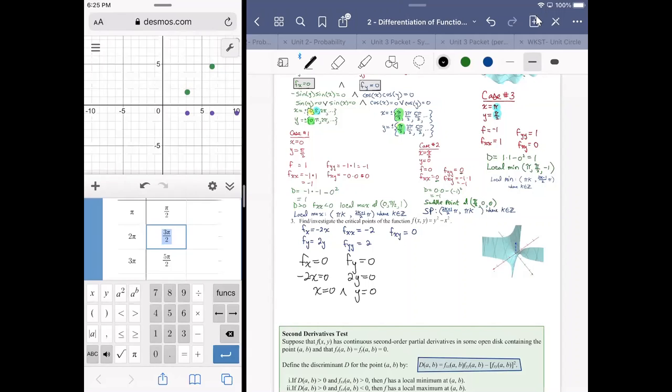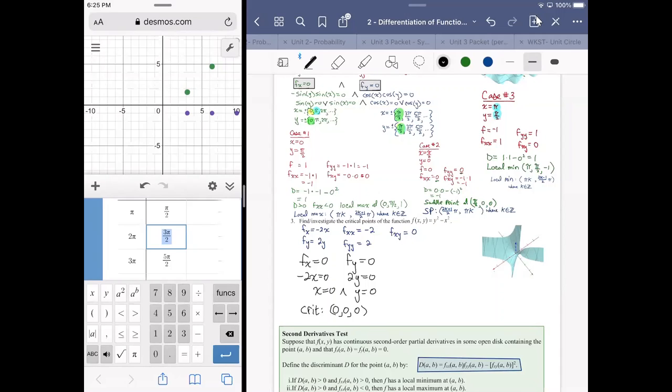So if there's going to be an extreme value, it's going to happen at the critical point of 0, 0. And then f of 0, 0, well, actually, that's easy enough to compute, right? F of 0, 0 is going to be 0. So it's going to happen at the origin.